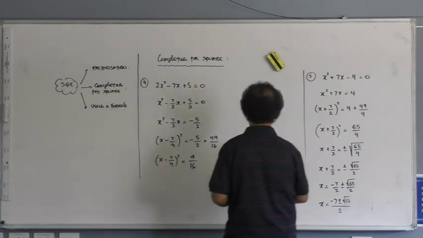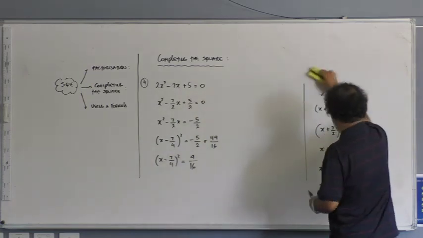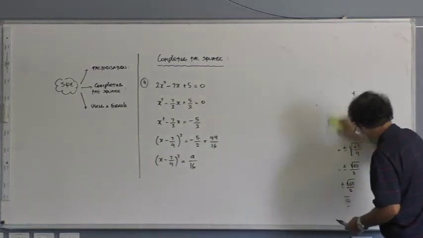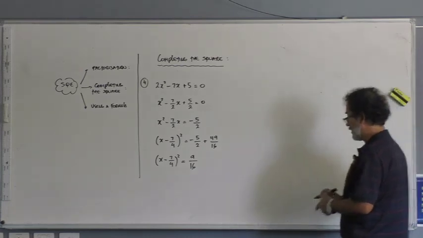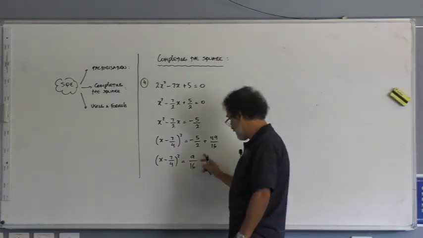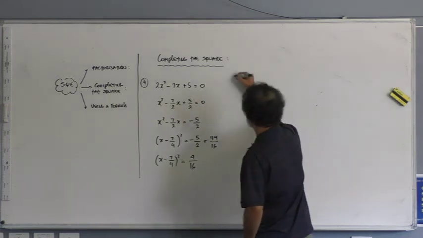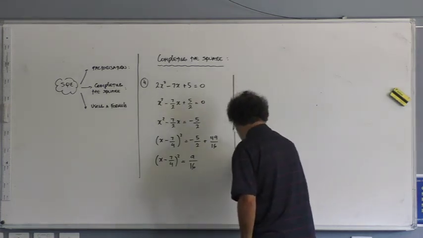And this time we have one of those equations that can be solved fully. We can get rid of the square root altogether. But let's continue on the other side.